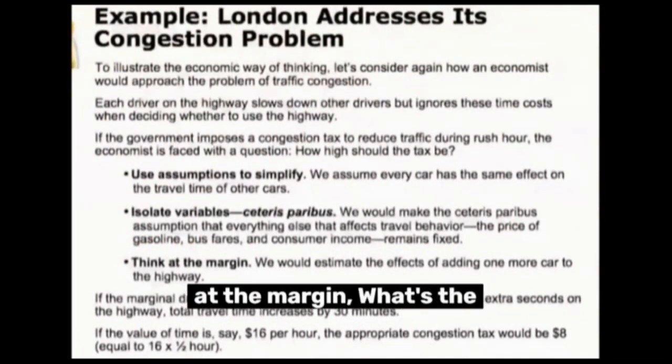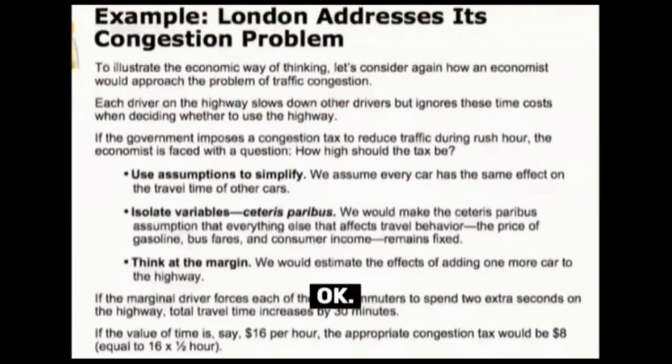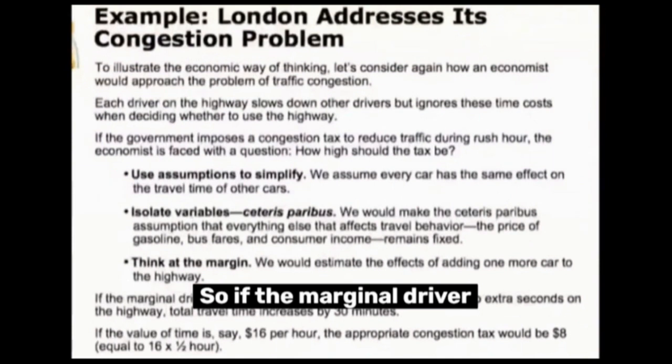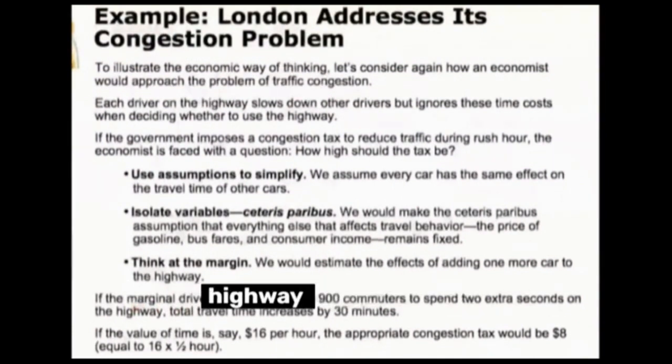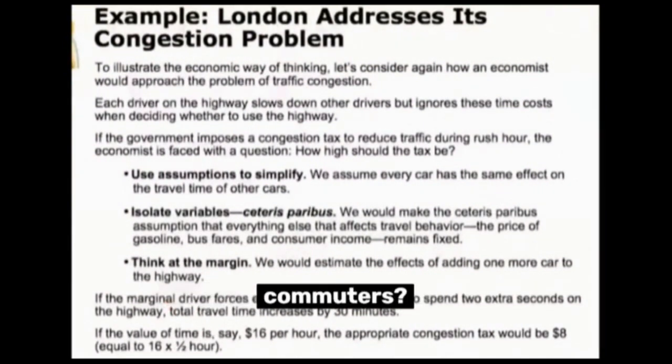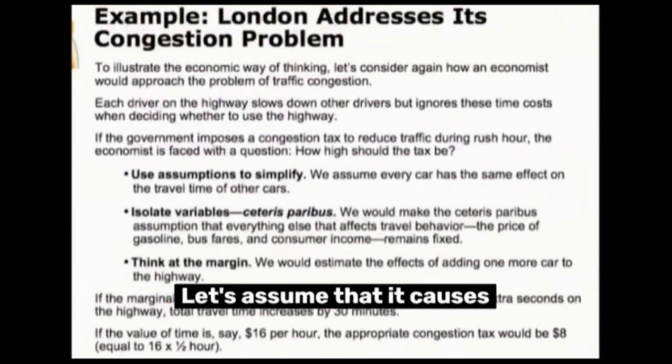And then we're going to think at the margin. What's the effect of one car going on the highway? Okay, so if the marginal driver, or one car, enters the highway, and there are 900 other commuters on the highway, how does that one car affect those 900 commuters? Let's assume that it causes those 900 drivers to add another 2 seconds to their highway time.